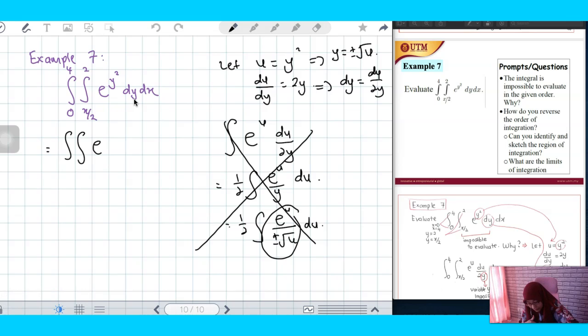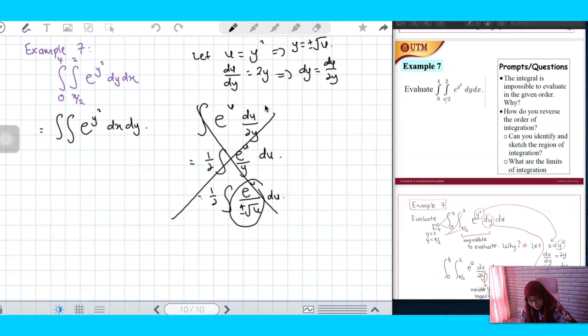Just like the previous example, now we have to reverse the order, which means you have to find the new limit of x and the new limit of y, where y is now a constant. But you are not given the region, so we need the region to help us determine the limits of x and y. How can we get the region?